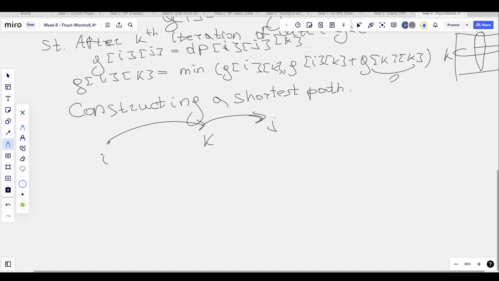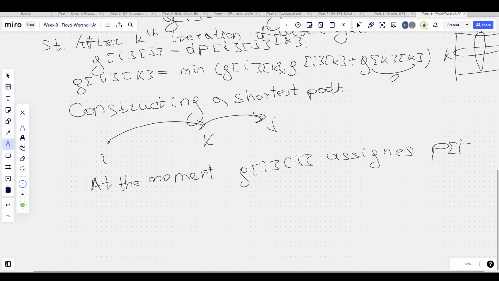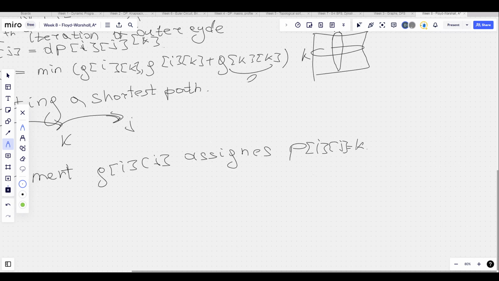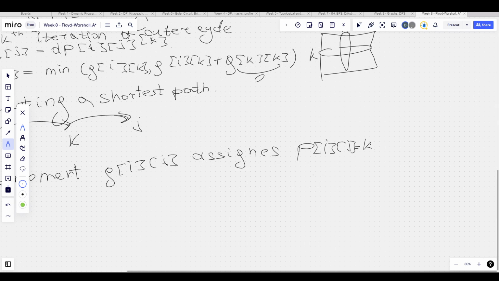Consider some path, and notice that at the moment g i j is assigned, we can record our vertex. So just one second.